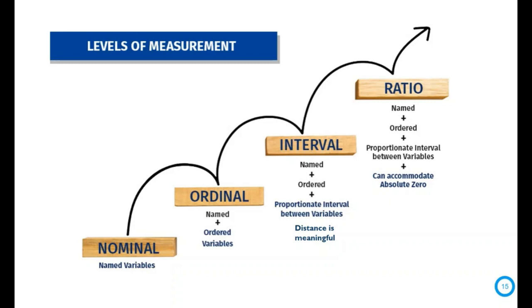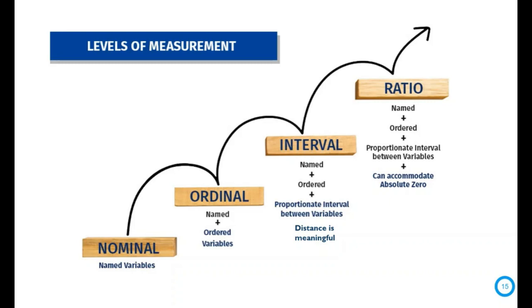Good examples of ratio variables include income level, height, weight, duration. For example, when I say my income level is 0, it means that I have no salary. So 0 income means no income at all. Don't worry about that.